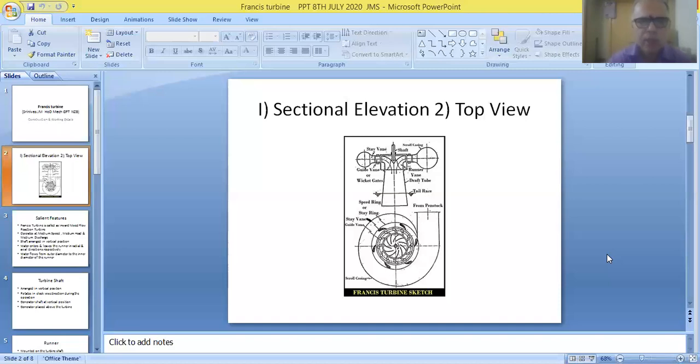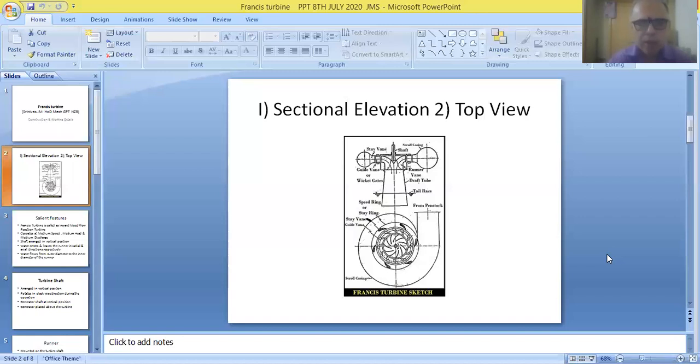The inlet of the draft tube is fitted to the outlet of the runner, and the outlet of the draft tube is submerged in the second reservoir. So this is the arrangement of draft tube used in Francis turbine.